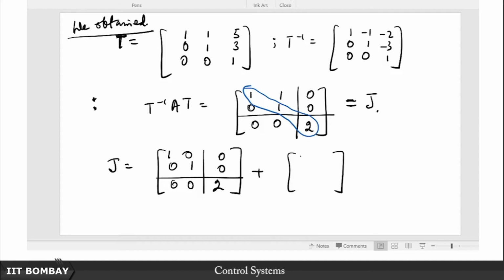What I will be left with is a very sparse matrix. By sparse matrix I mean that most of its entries are going to be 0. In fact, here there is exactly one entry that is non-zero, every other entry is 0. So we call this N.